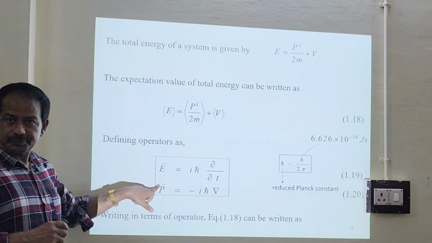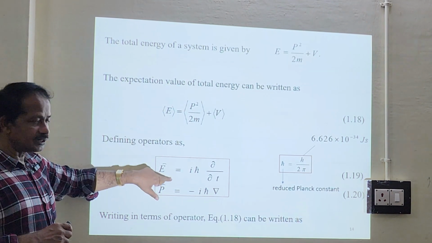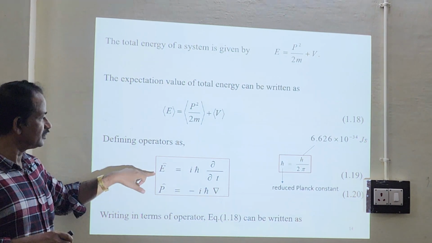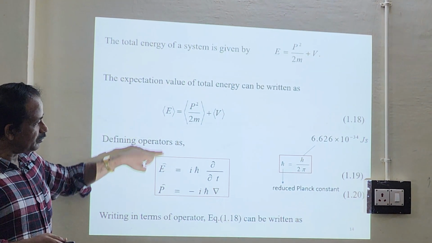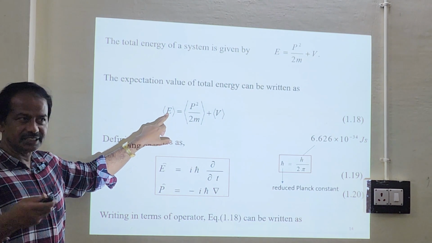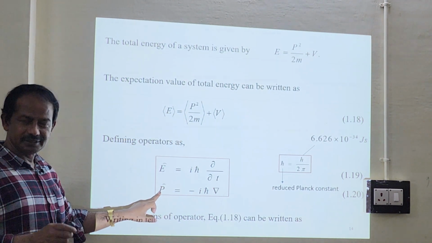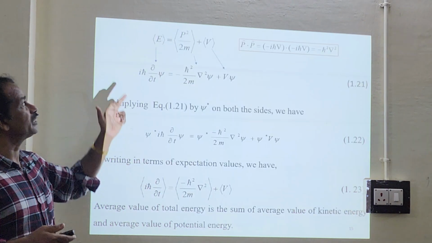Is it okay? So now we are going to write this equation in terms of operators. We know already E can be written as i H cross d by dt. Finished, easy. Whereas now P squared exists, so we will have to multiply with the P operator.